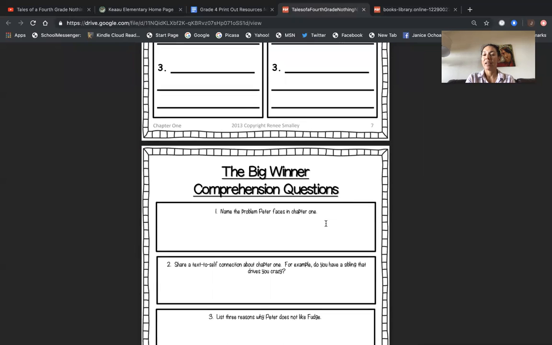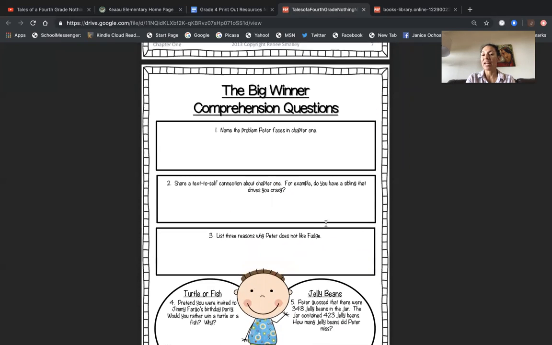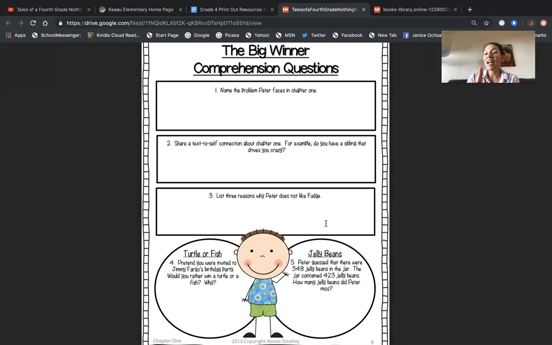Okay, let's move over to page 8 where it says The Big Winner comprehension questions. On this page are 5 questions. What your teachers would like you to do to help make sure you understood what was read is, number 1, name the problem Peter faces in chapter 1. You can write it here in the white space.